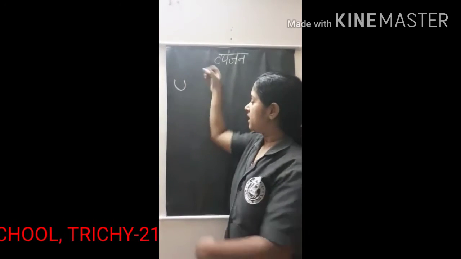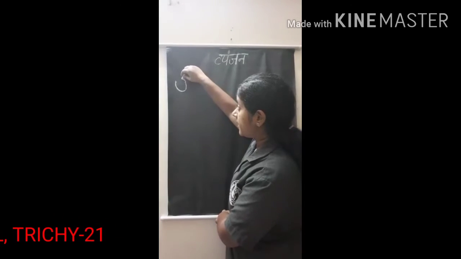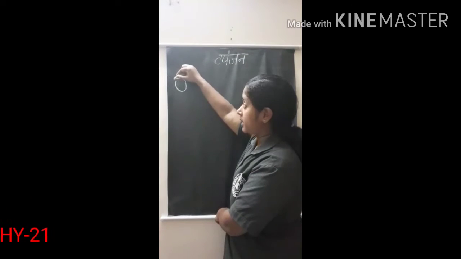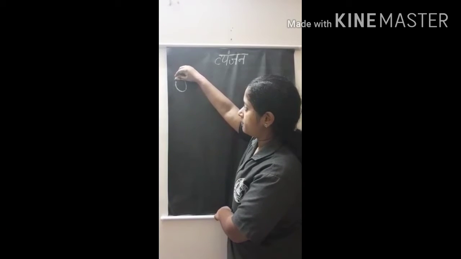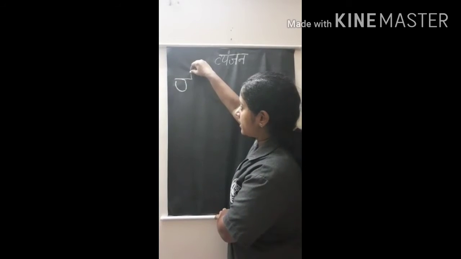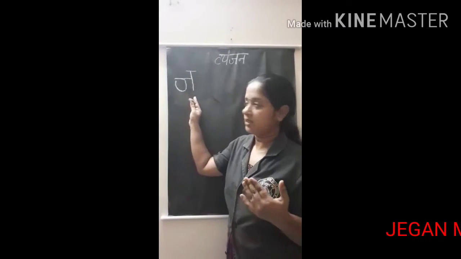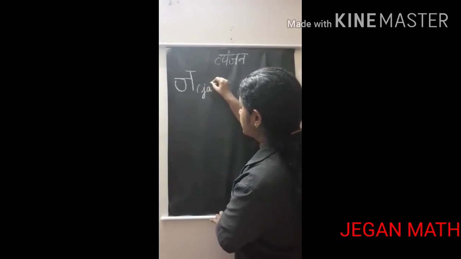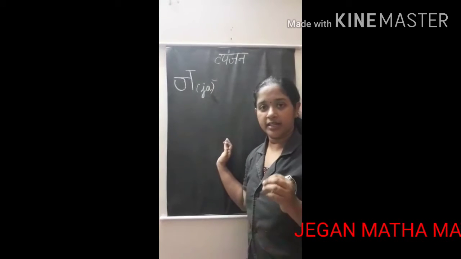At the left side of that curve, I am extending it and going towards the right, but it is not joining with the right side of the curve. It is coming back, then going up, coming down, finally the sleeping line. So this is the vyanjan ja. In English we call it J A ja.